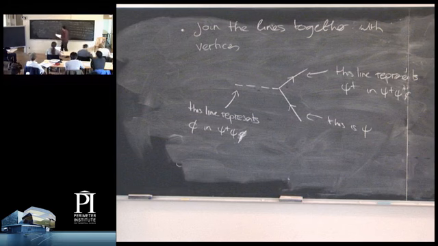Okay, and the reason we've got a trivalent vertex is precisely because our interaction term was cubic in fields. So if we had a term that was quartic in fields, we'd draw pictures with 4 legs all meeting at a point.